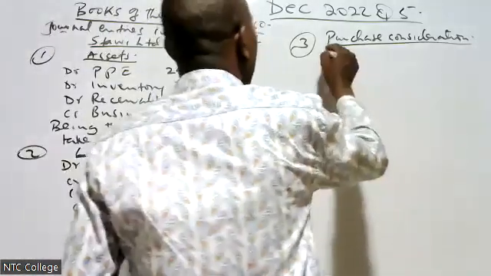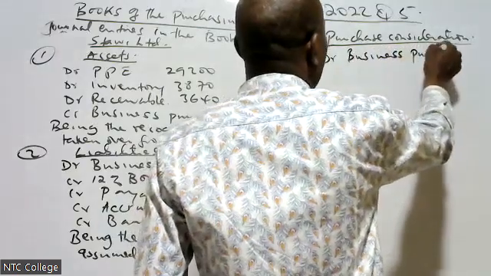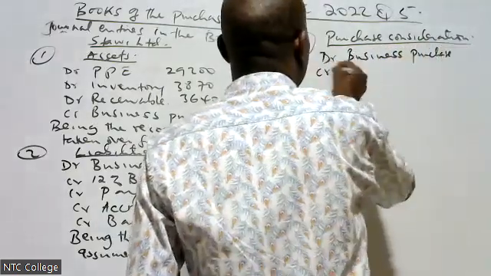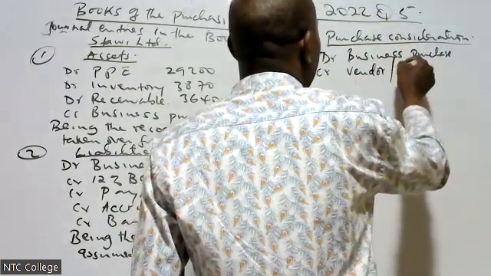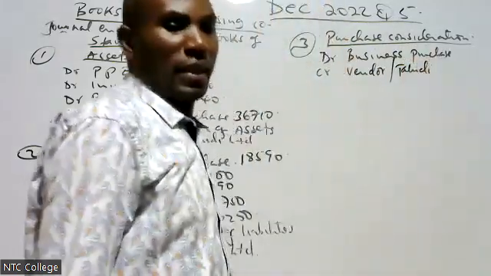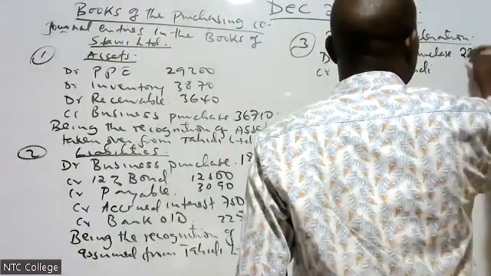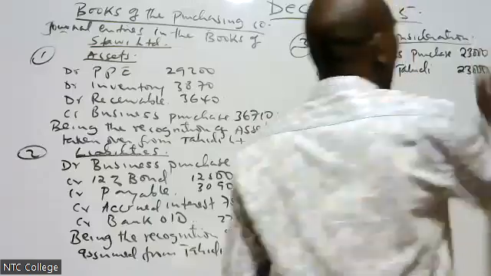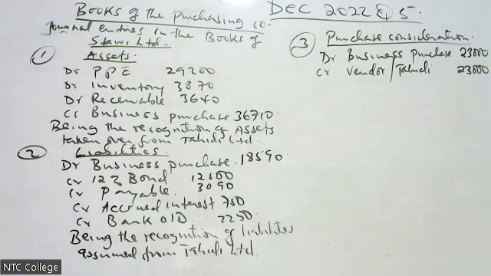Purchase consideration, you debit business purchase, you credit vendor, in this case Dahiti Limited. Purchase consideration was 23,000.